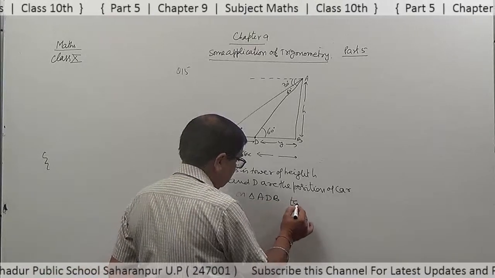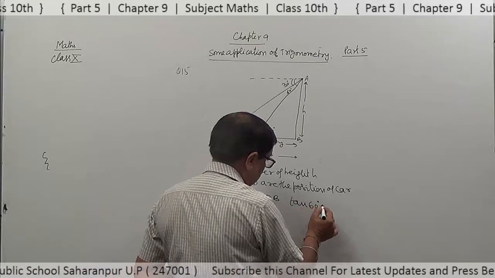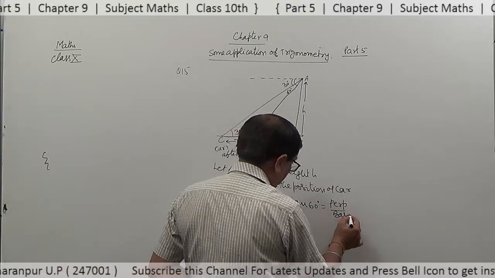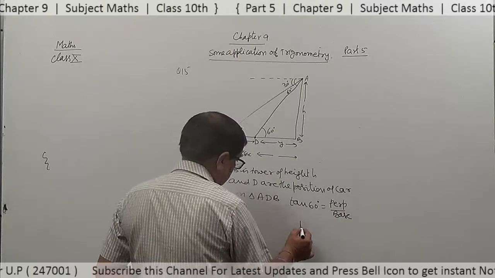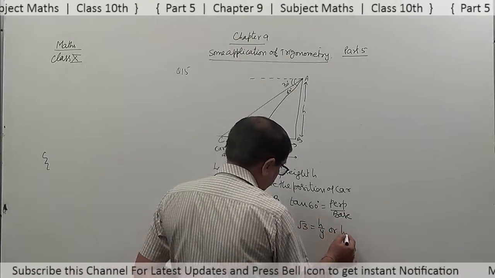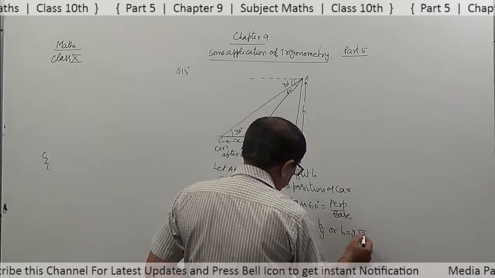Tan 60 is perpendicular upon base, root 3 is h upon y, or h is equal to y root 3.